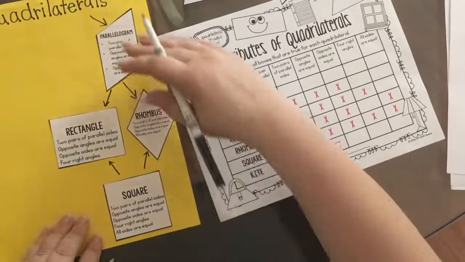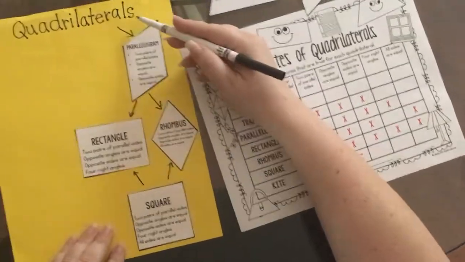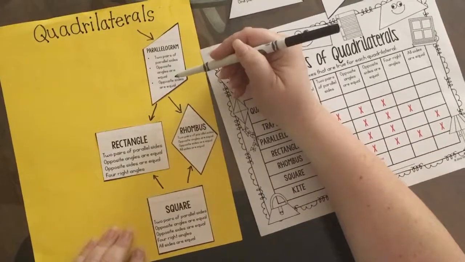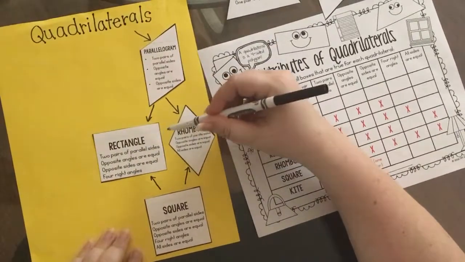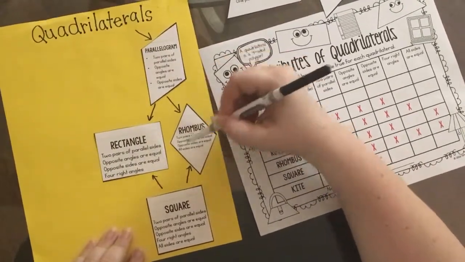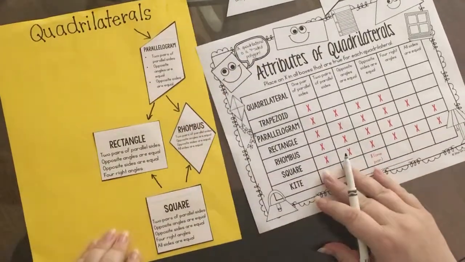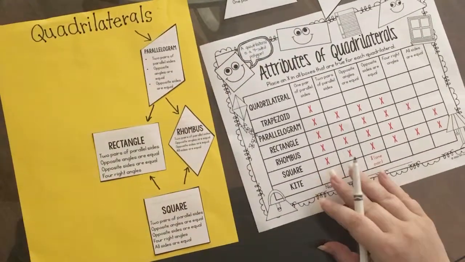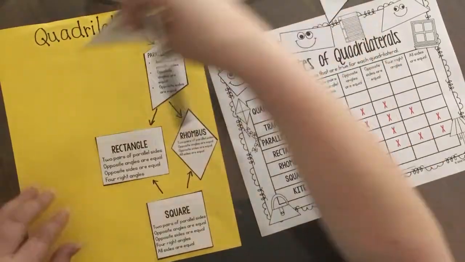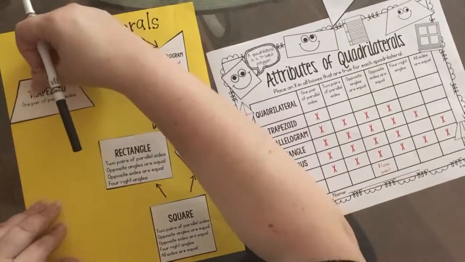Now we can see, though, that it still falls under the family of quadrilaterals, parallelogram. So that square is related to those shapes.